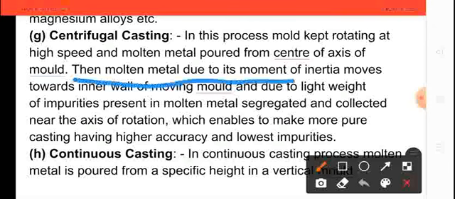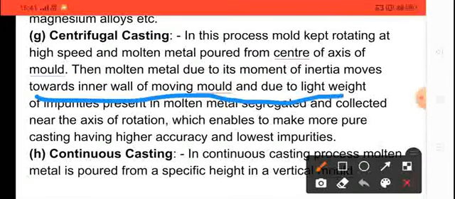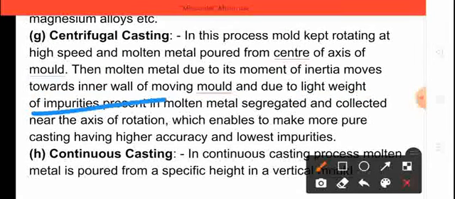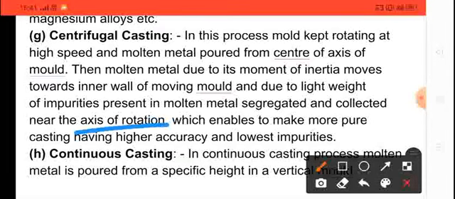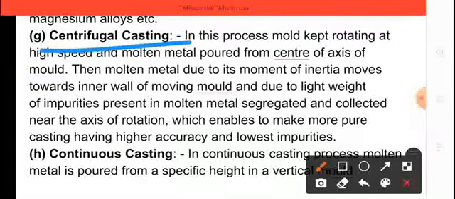Then molten metal, due to its moment of inertia, moves towards the inner wall of the moving mold, and due to the light weight of impurities present in the molten metal, they are segregated and collected near the axis of rotation, which enables a more pure casting having high accuracy and low impurities. In this type of casting, the mold is kept rotating, so the proper material distribution can take place.